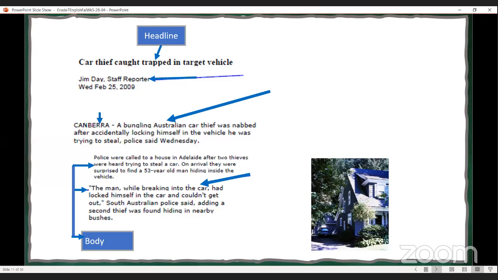Very good, grade 7s. So it's got the name of the author or the reporter. Excellent job. So now that you've got that down, you did quite well. What comes next? Headline, byline. What comes next?